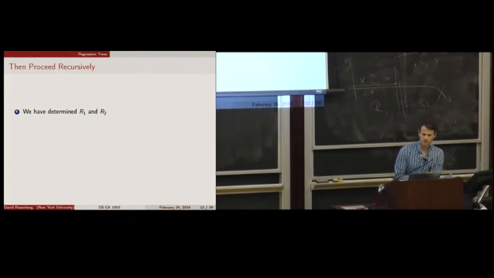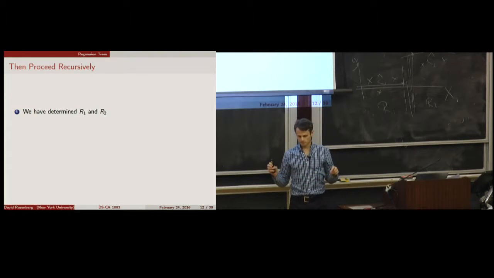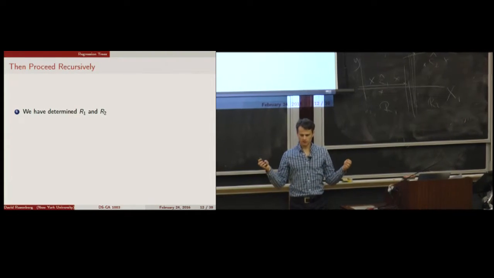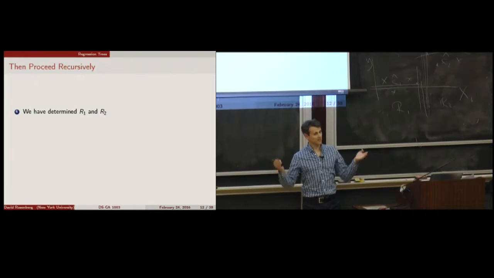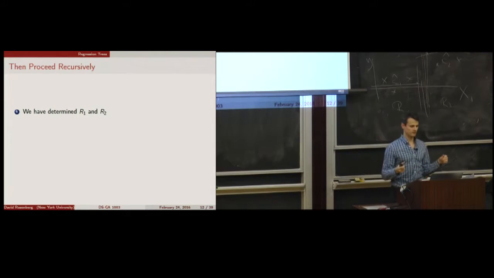There's a couple approaches. One would be you stop at a certain point to keep your trees from getting too complex. Like if you go too deep, then you'll have a very complex tree, and you'll be overfitting. That's a viable approach, and you could find ways to do that.